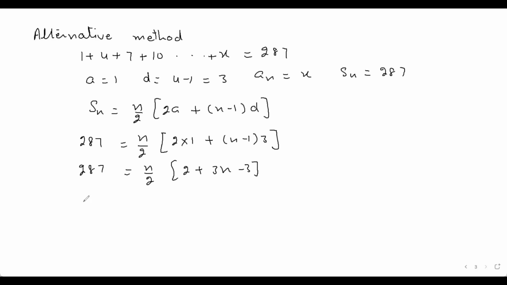This is equal to 574 is equal to n into (3n minus 1). Now this is equal to 574 is equal to 3n square minus n. Now 3n square minus n minus 574 is equal to 0. This is quadratic in n. So you have to find the value of n.